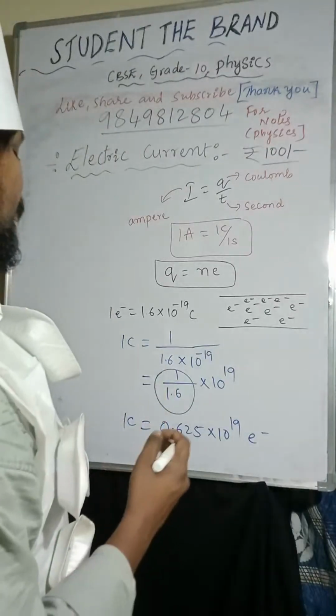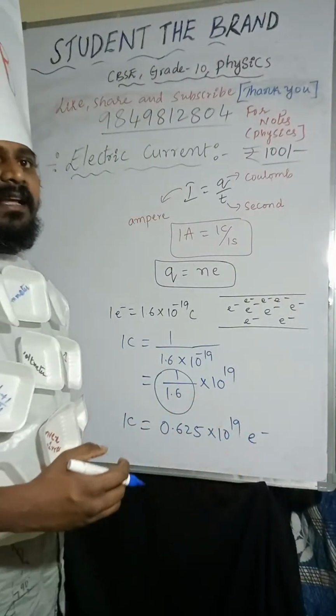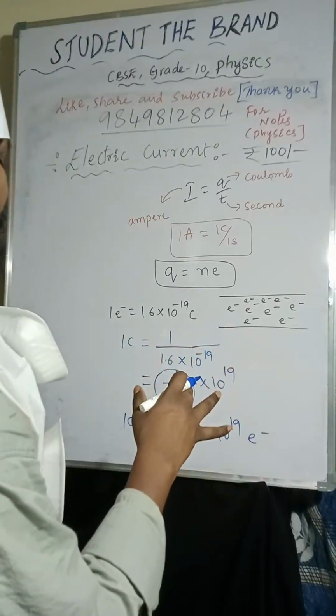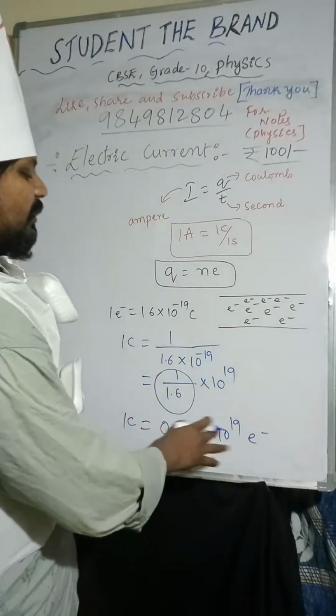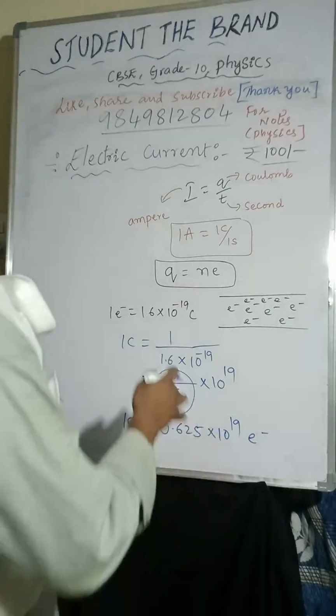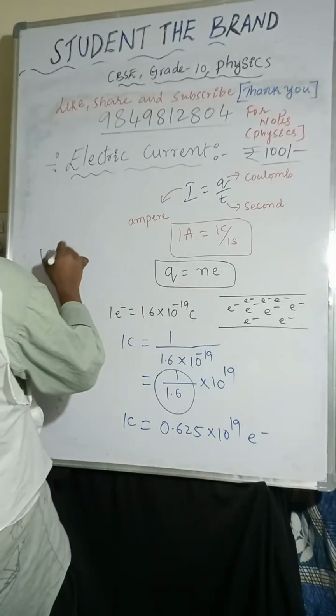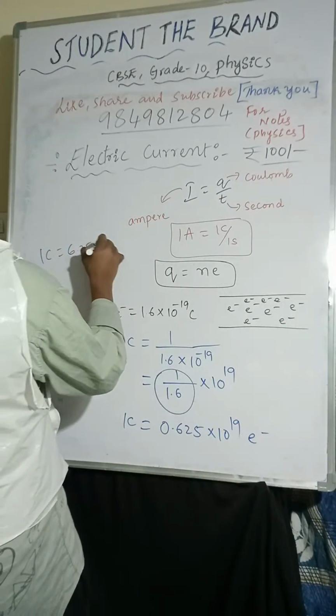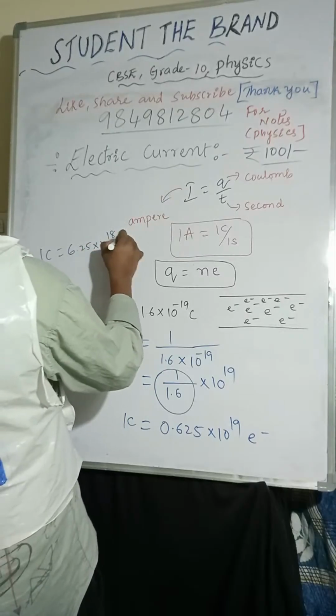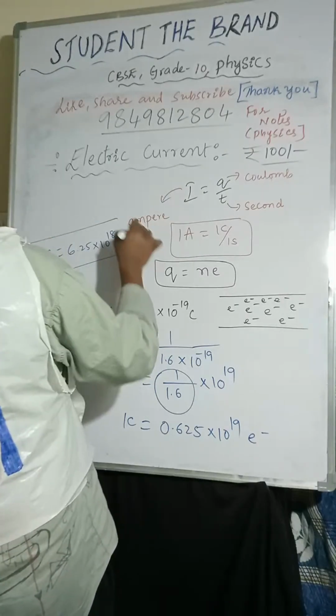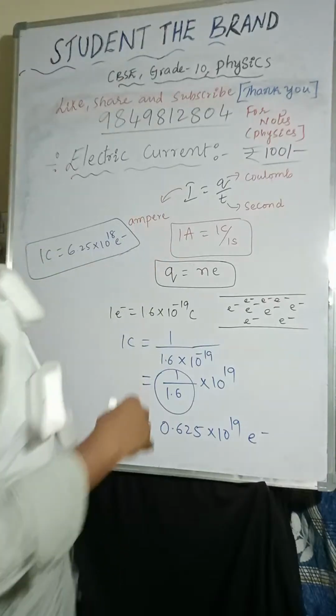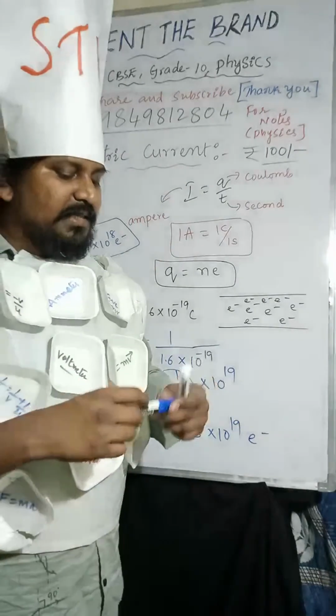So in 1 coulomb there are 6.25 into 10 power 18 electrons.